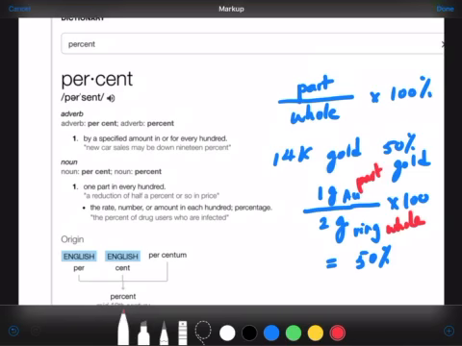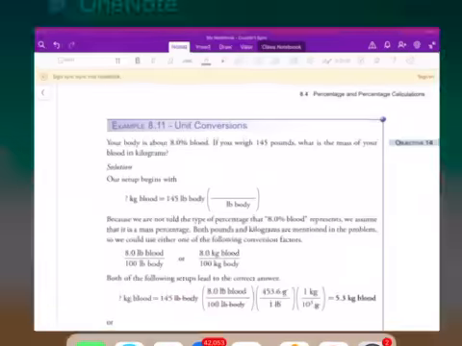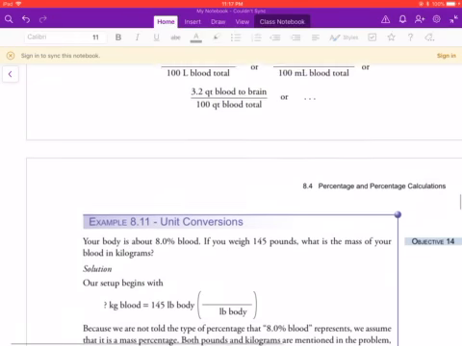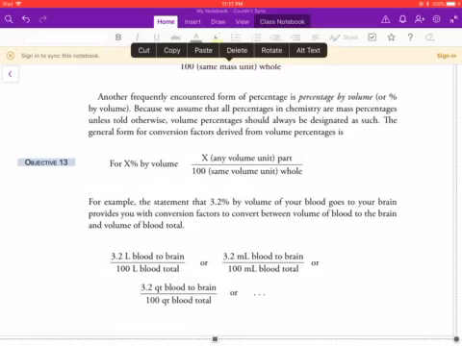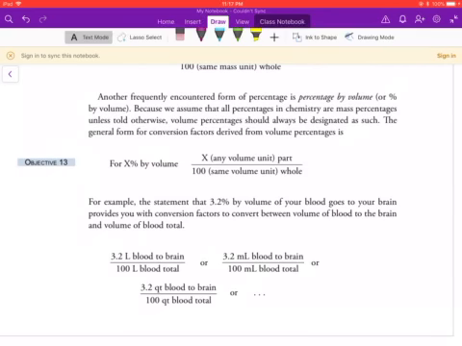Now, how is that done in chemistry? I want to go to your book. Notice that this is percentages. In your book, there's an example where the author talked about how in your blood, 3.2% by volume of the blood goes into your brain to provide needed nutrients.